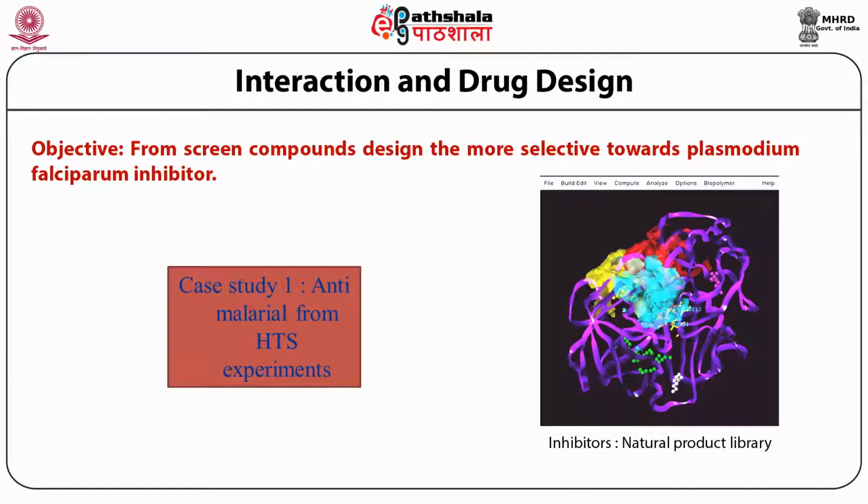Our objective is to find a selective inhibitor towards the plasmodium, and this selective inhibitor should inhibit plasmepsin 2, because the biochemistry is done on it, which is an acid protease, and it is already known very well that this is an anti-malarial target.